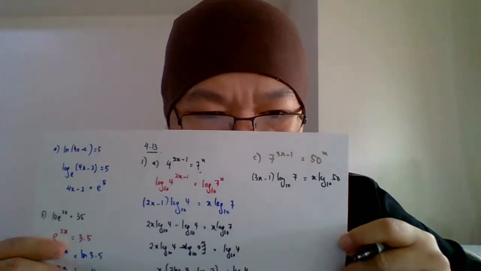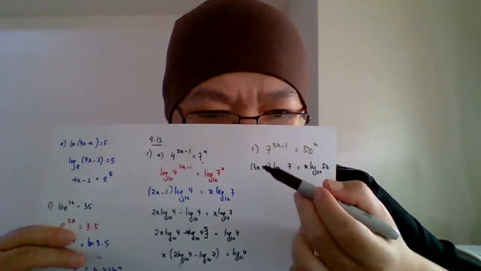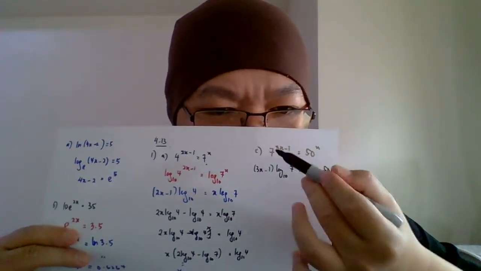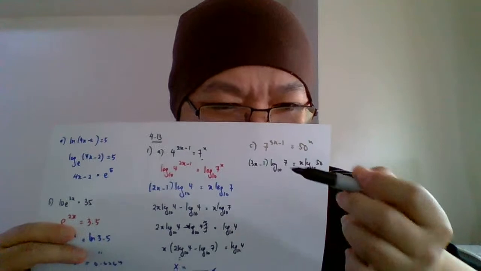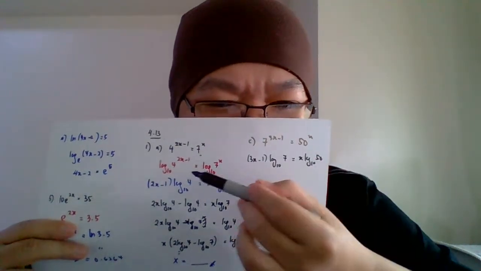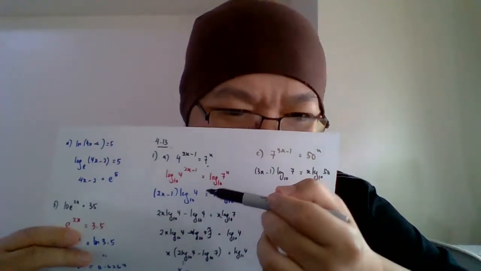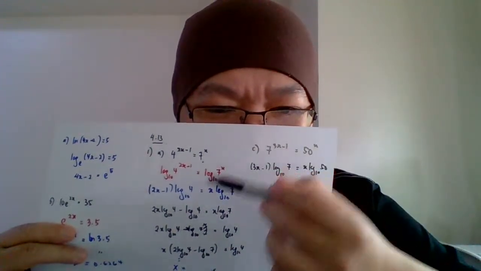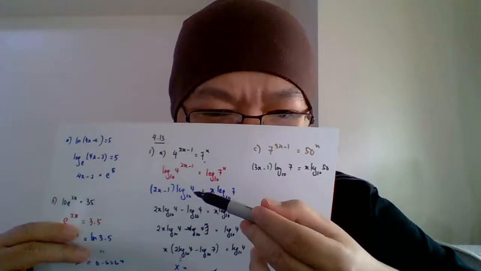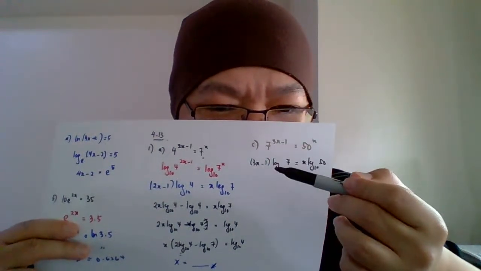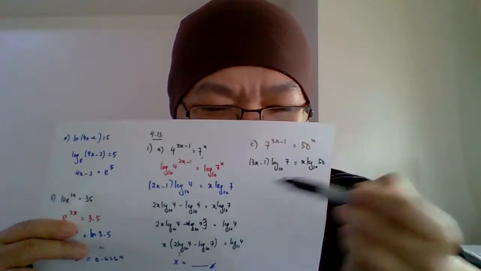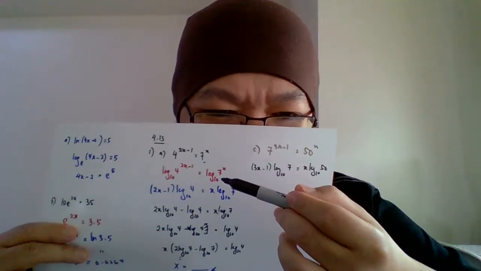Guys, this is what will happen after I put log. I put log on the left, log 10 on the right, so the power I bring down. Actually you can skip the red color here, log 10. You just straight away jump from the question to the blue color step. So no need to show the red color actually.